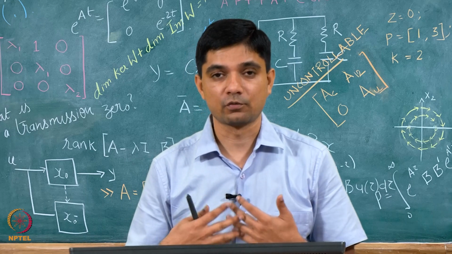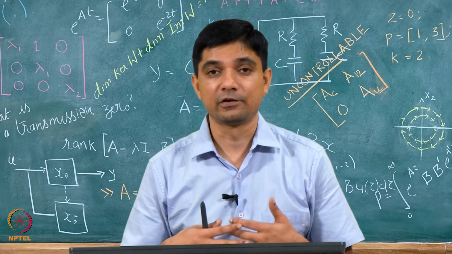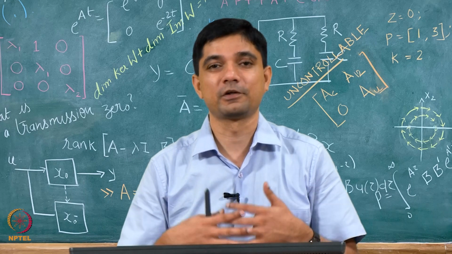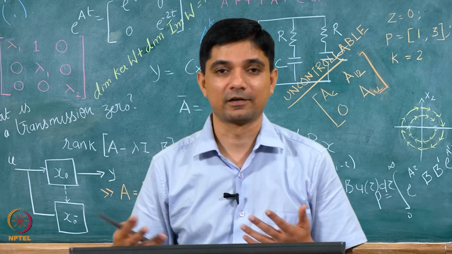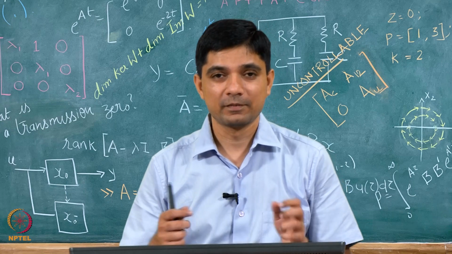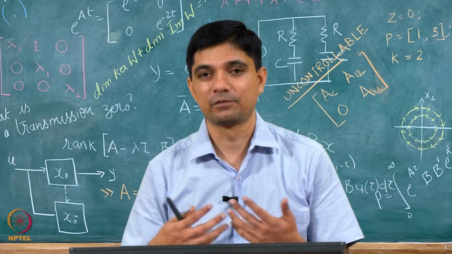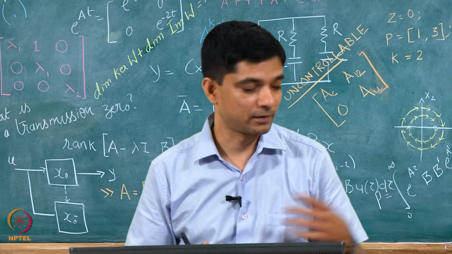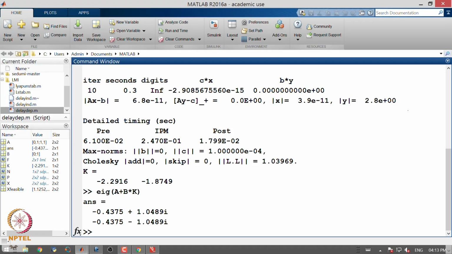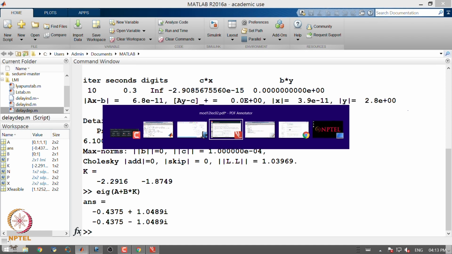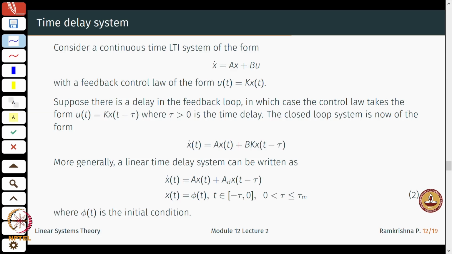Again, as I warned you, this is not really an introduction, forget about a comprehensive review of delay systems, it is just teaching you a bit of how to formulate problems as LMI problems. So what is the result that we will be interested in? I start with x dot equal to a x plus b u and I write a delay system of this form.